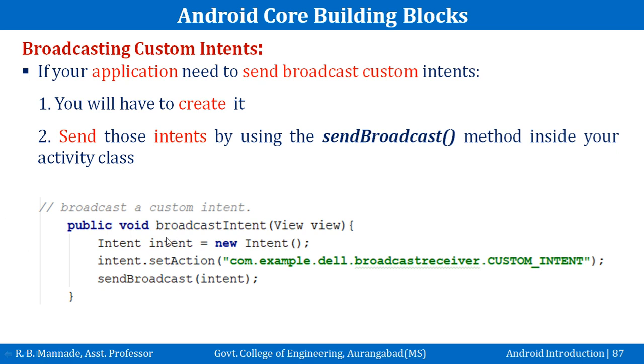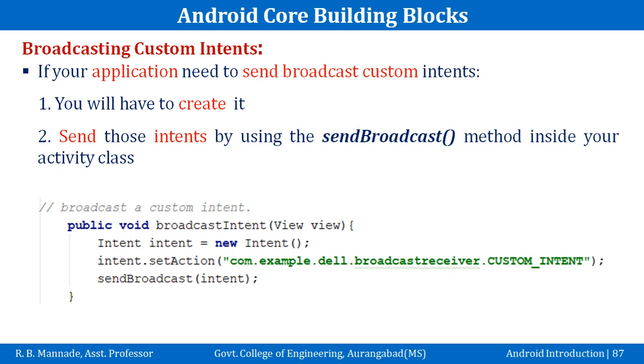So here broadcastIntent is a method of the activity class, and in this broadcastIntent method we are creating an object of the Intent class using the new operator, right? And we are calling the setAction function on that particular intent, and in the setAction function we are passing the name of our custom intent.